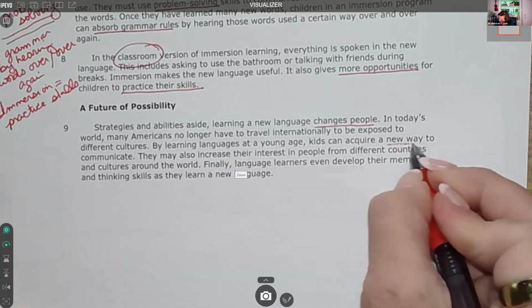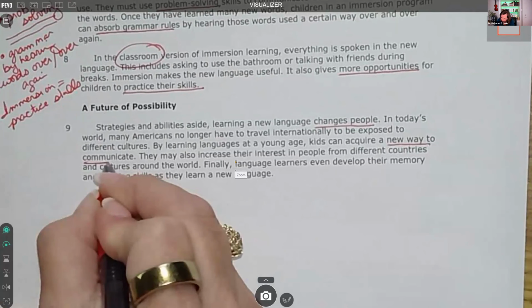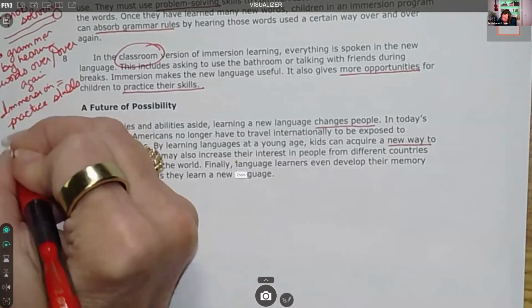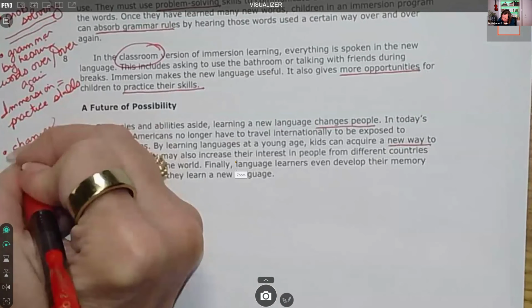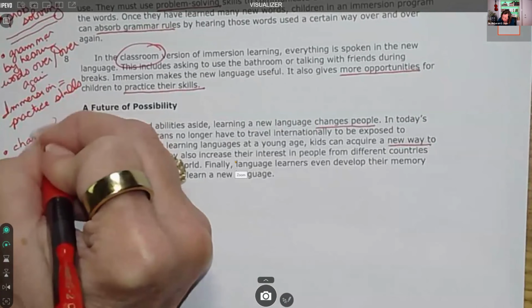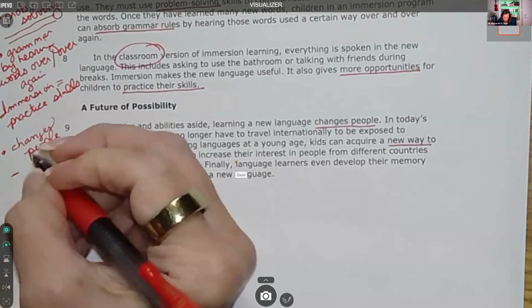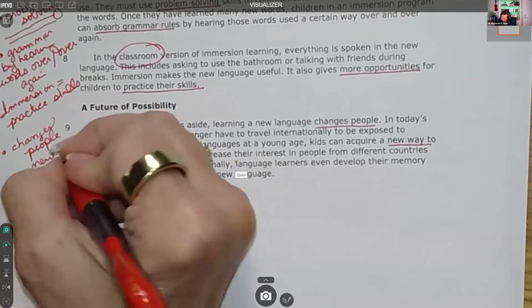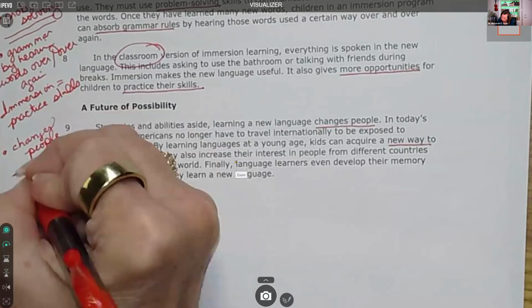So we have a new way to communicate. That's how it changes people. So over here, I could write changes people. And one way is new ways to communicate.